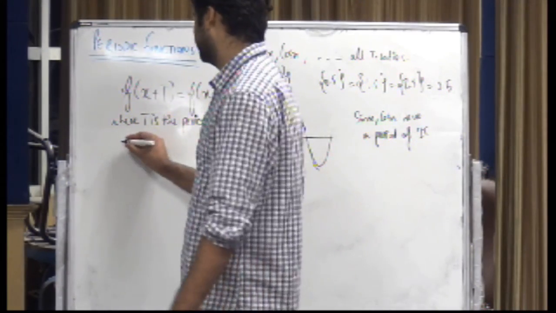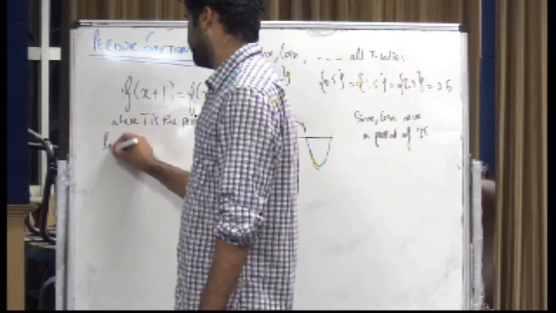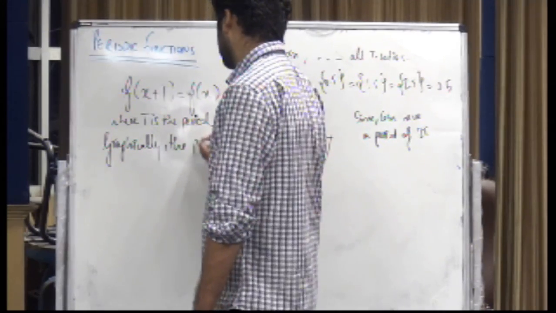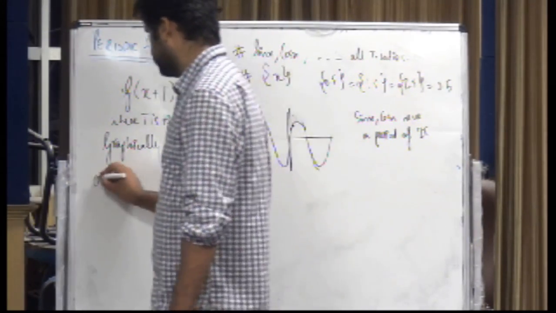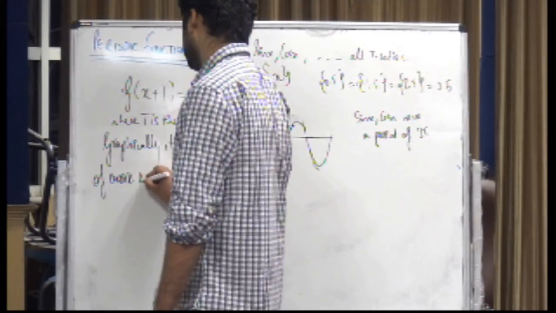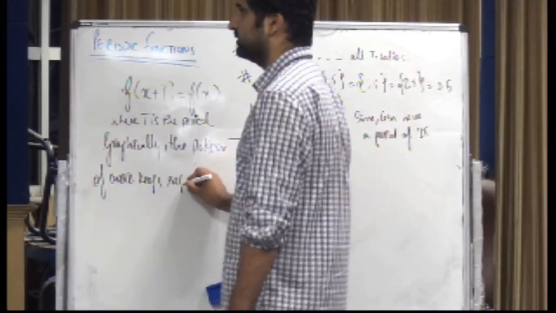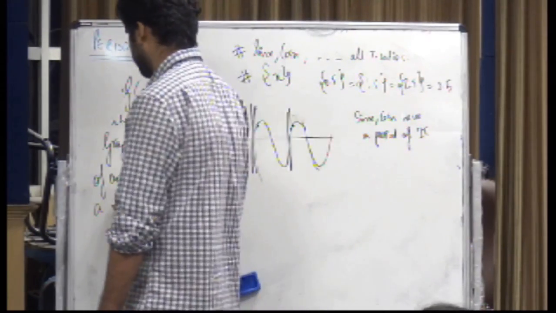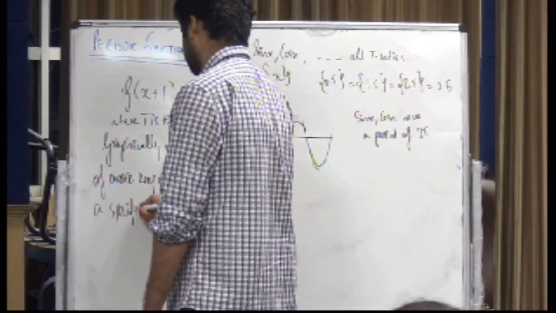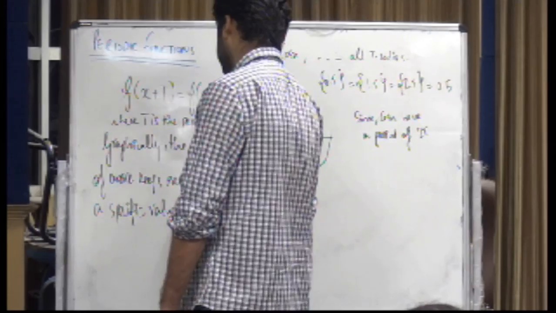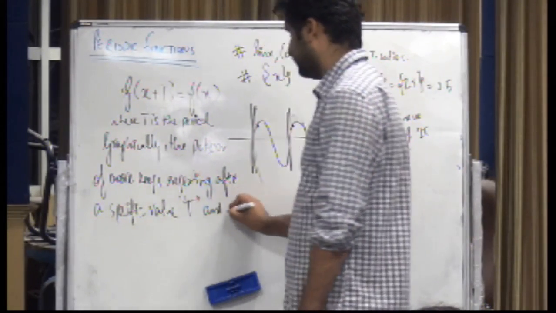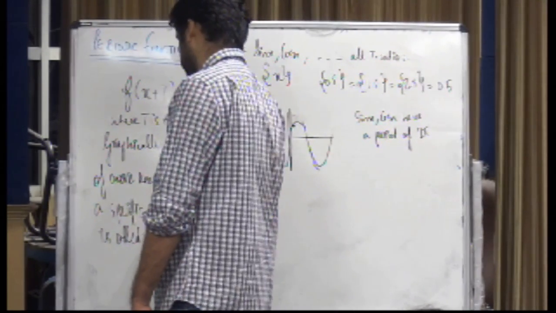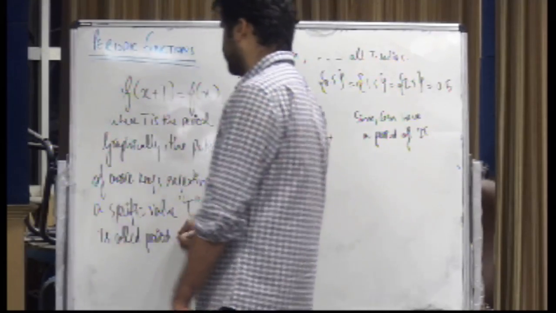Graphically, the pattern of the curve keeps repeating after a specific value, and this value t is called a period. So this will be the mathematical definition.